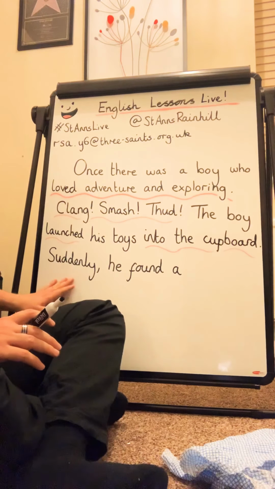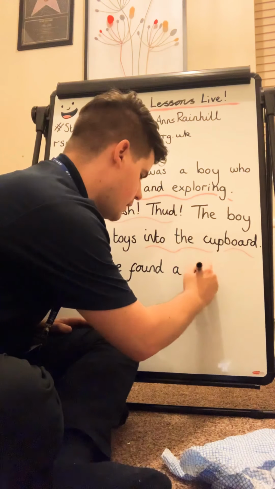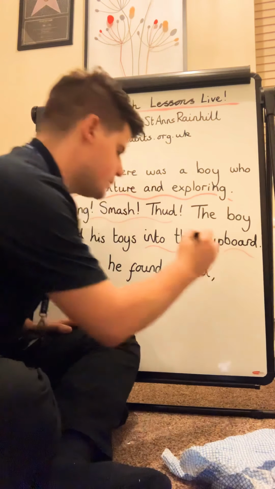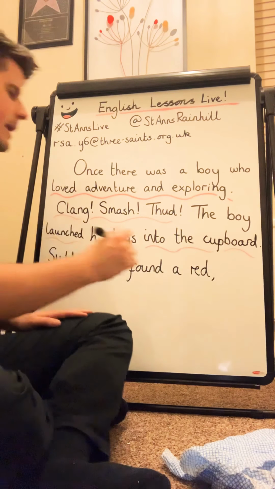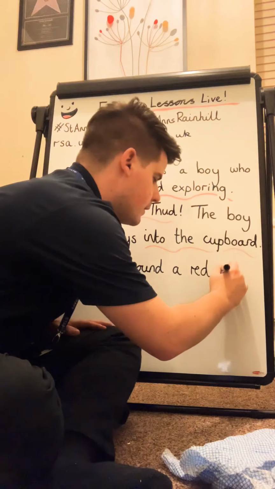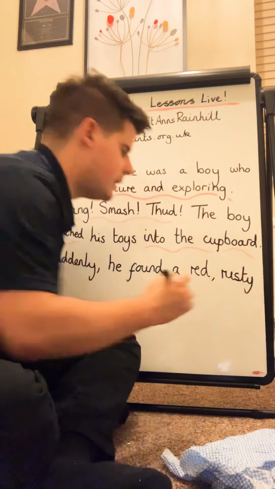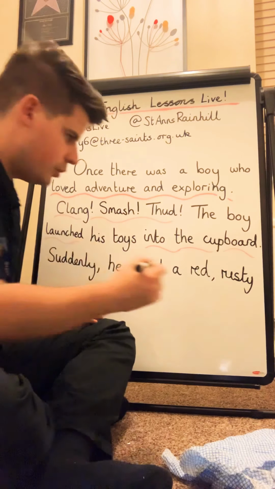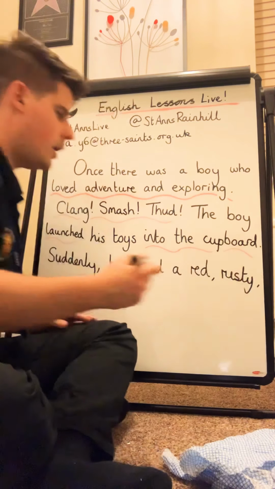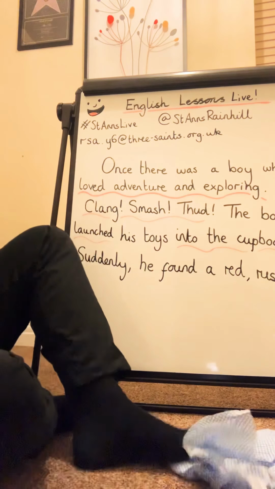So suddenly he found, I'm going to start with red. Maybe I will go with rusty. Maybe because it's made out of metal and it's quite old, might be a red, rusty, old-fashioned plane.